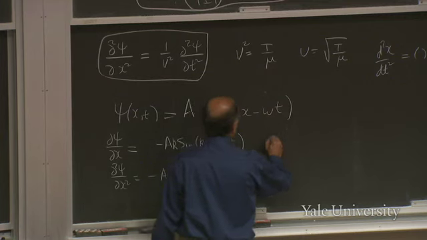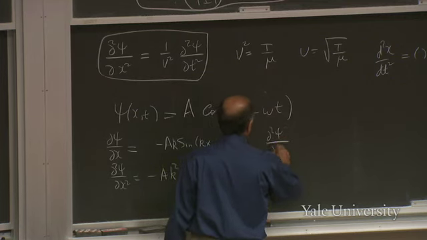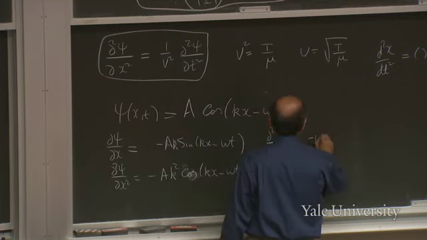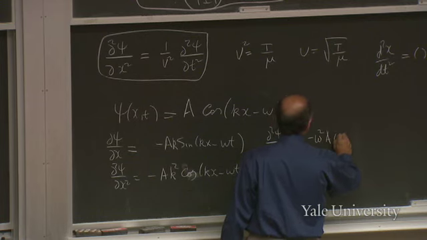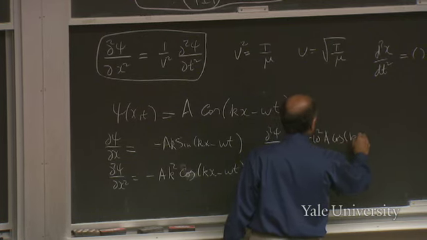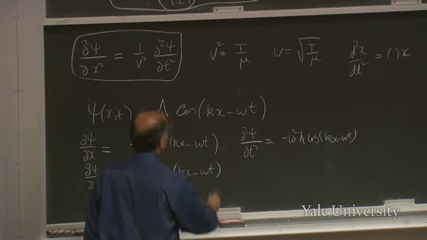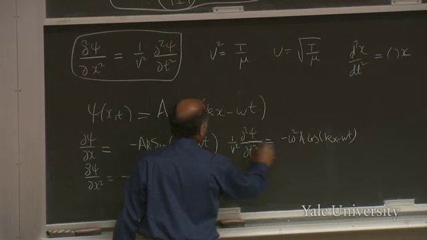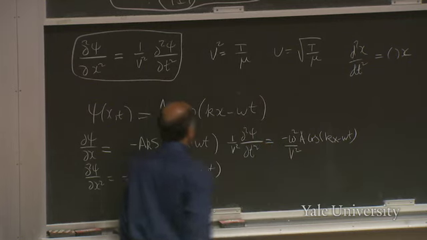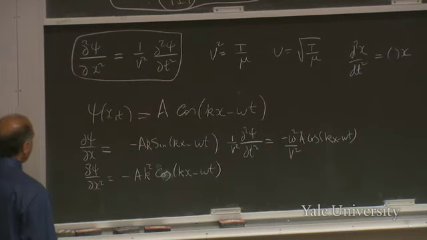Now, if you take d2 psi dt squared, you will get minus omega squared a cosine of kx minus omega t. If you take 1 over v squared times that, you will get this. What does the wave equation say?